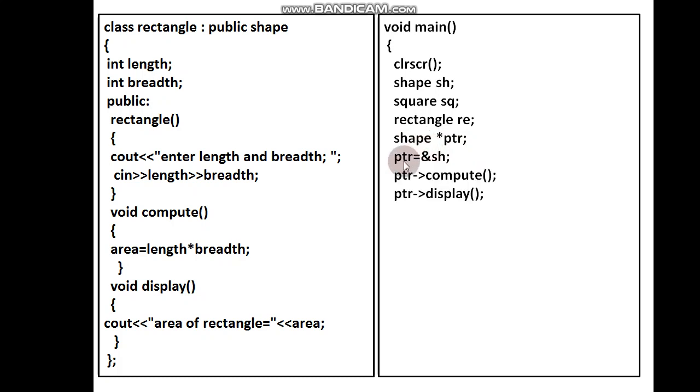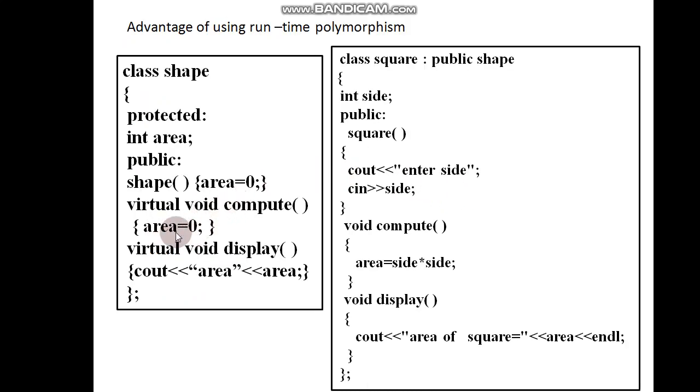Now first we store the address of the object of shape into ptr. Now if we call compute and display, these are the functions called from the class shape. So compute will have area 0, so area will be displayed as 0.